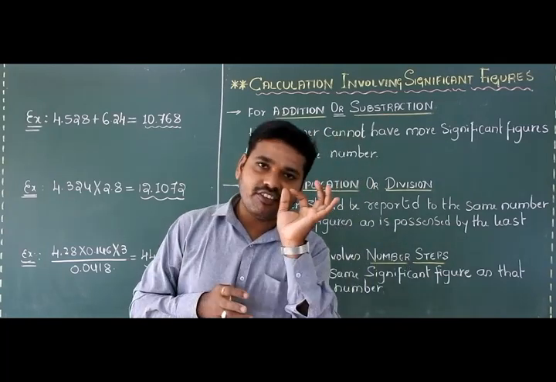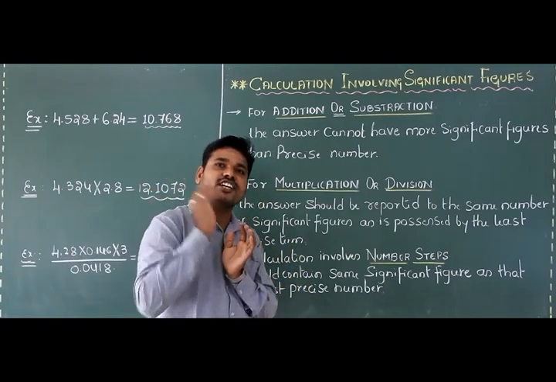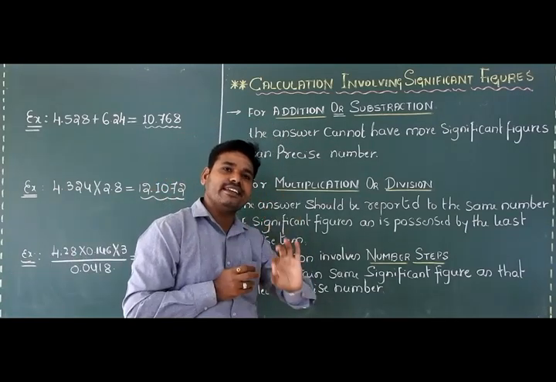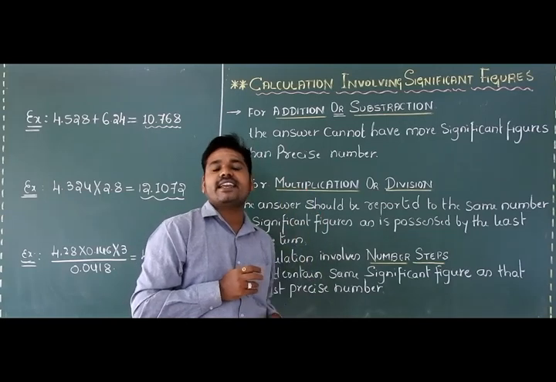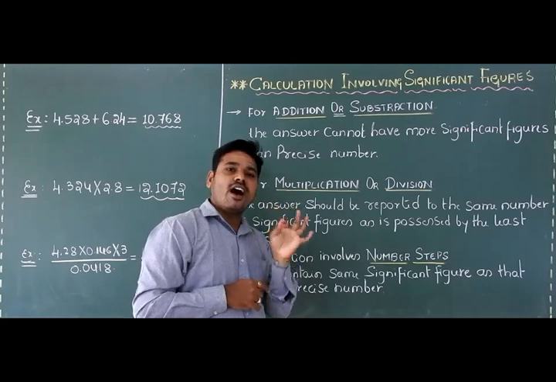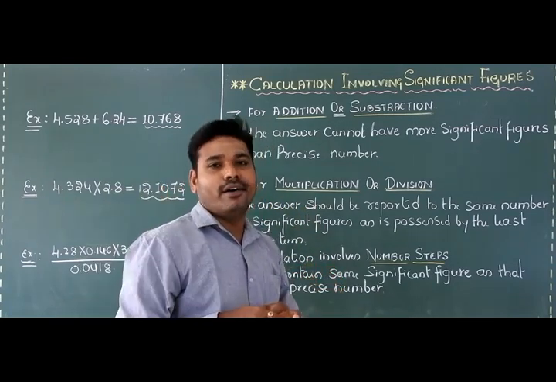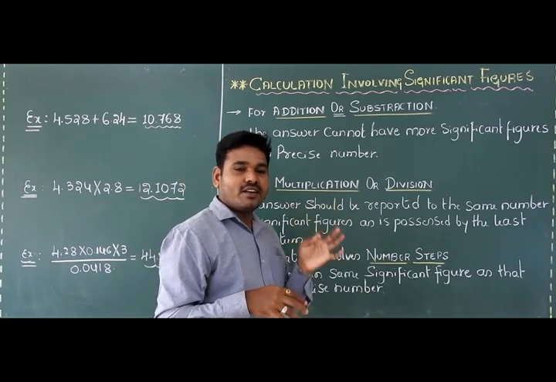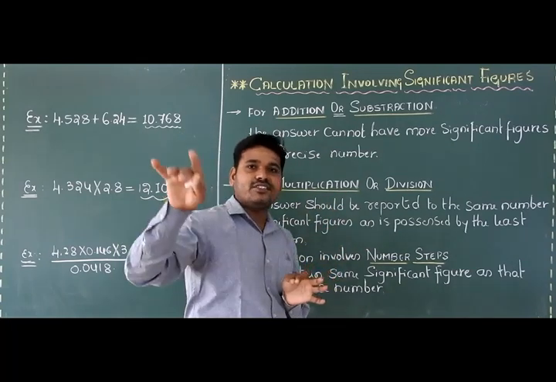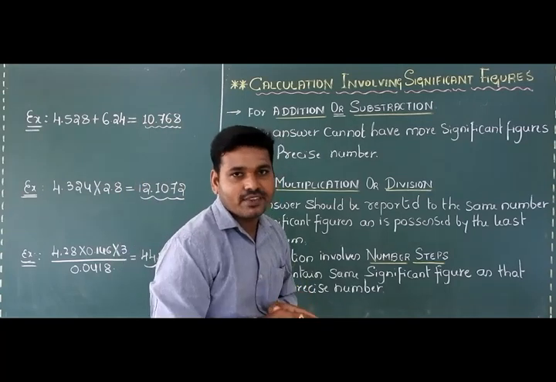In the case of trailing zeros, we use two different conditions. The first condition: if the number is greater than 1, the zeros placed at the right of the decimal point are counted as significant figures.